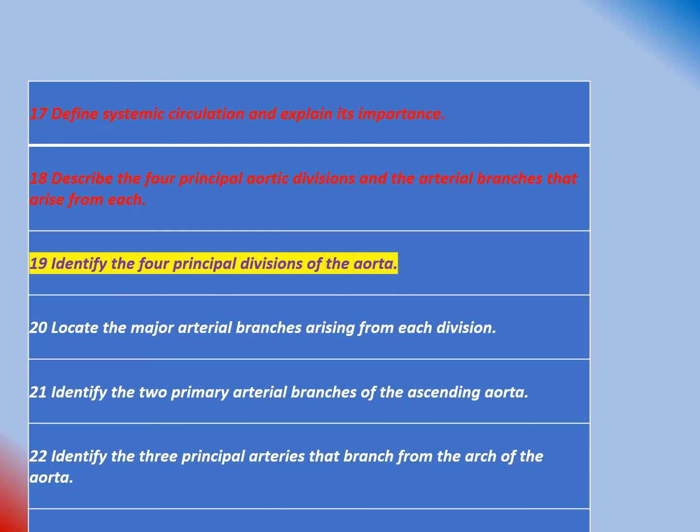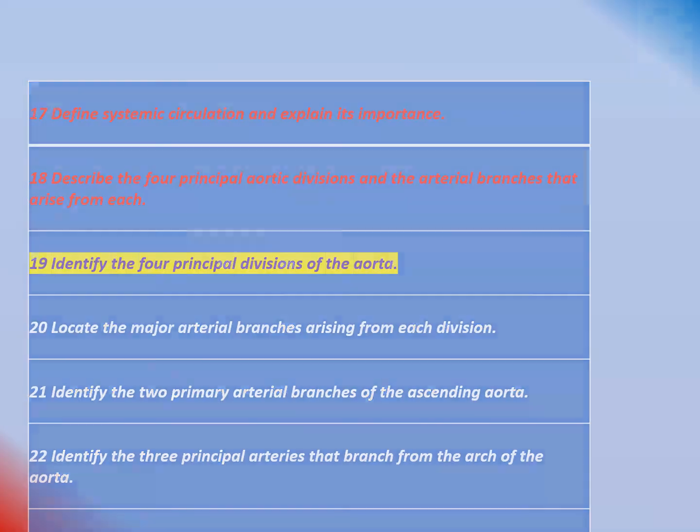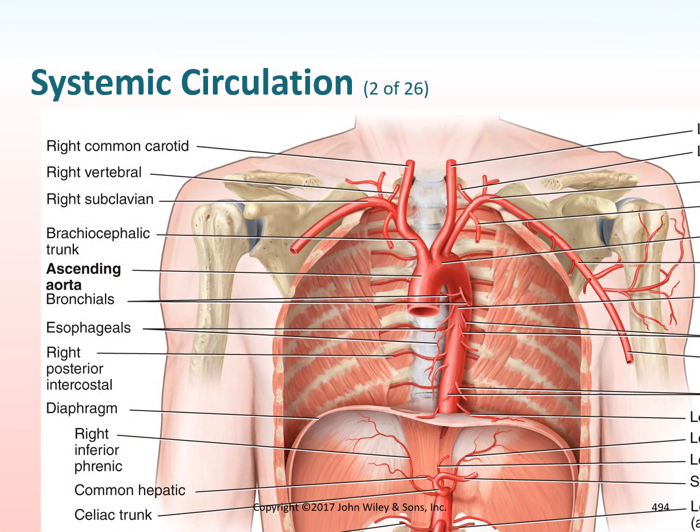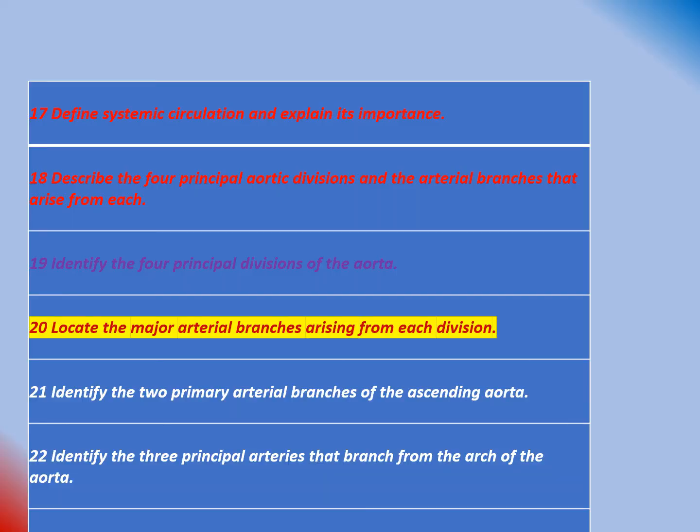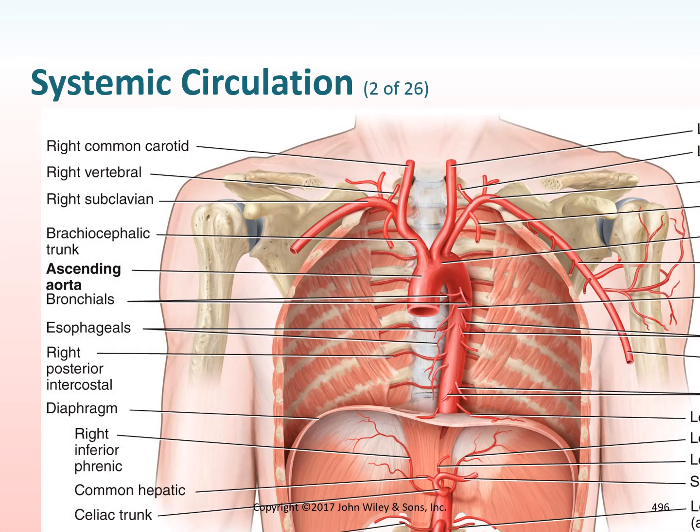Identify 4 principal divisions of the aorta. Well, we have the ascending aorta, the arch of the aorta, and the thoracic and abdominal aortas. It's the same aorta, of course. Locate the major arterial branches arising from each division.